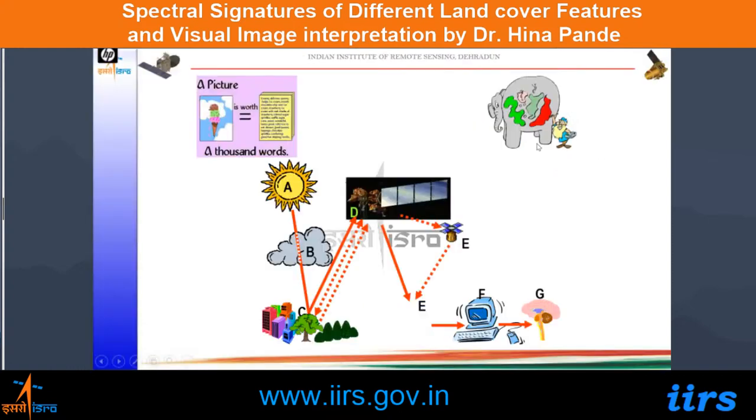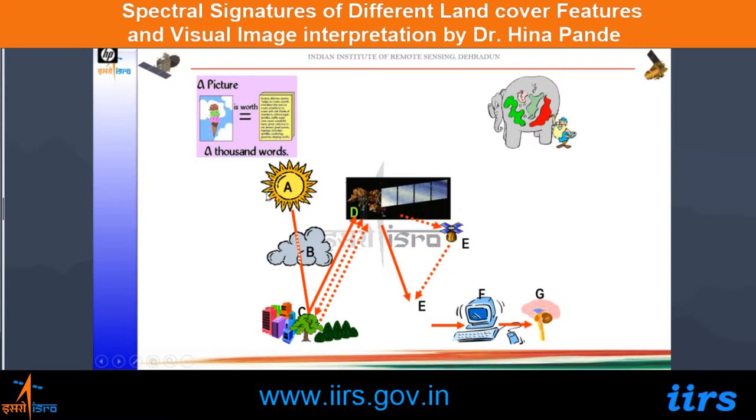So by now you are already familiar with the process of remote sensing. Just to summarize, for the process of remote sensing, we need a source of energy.